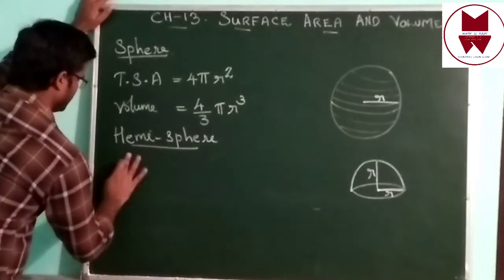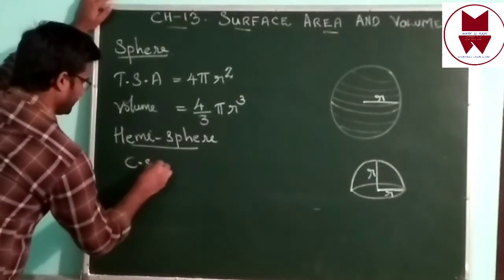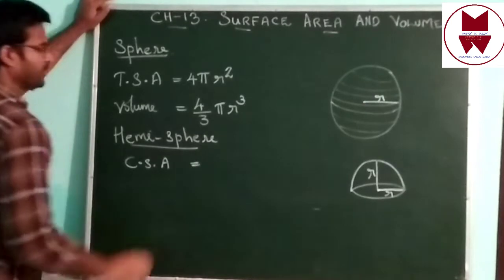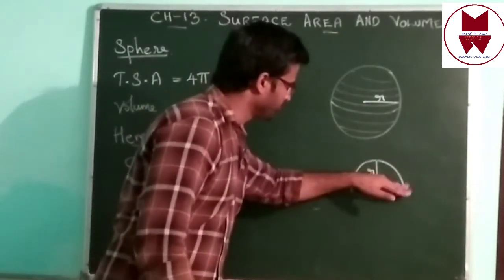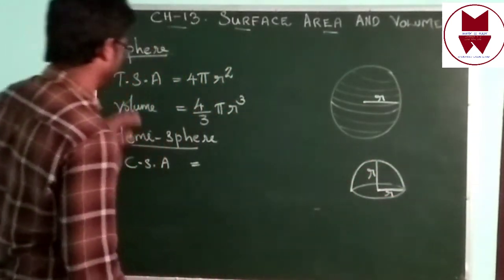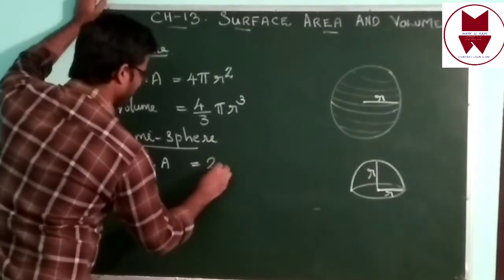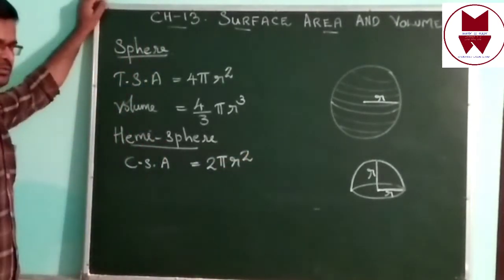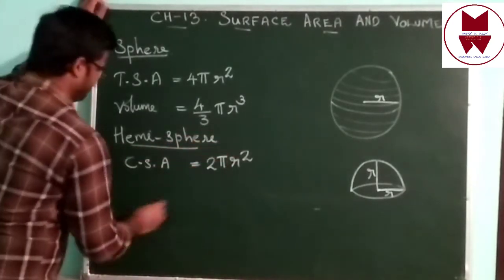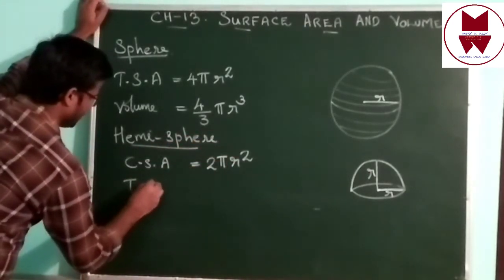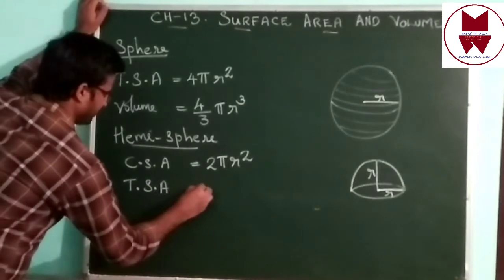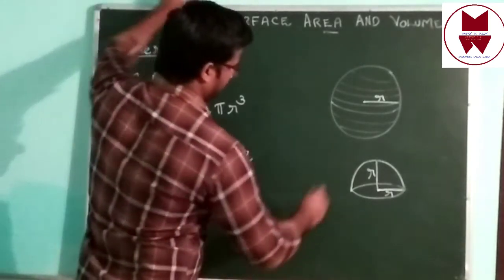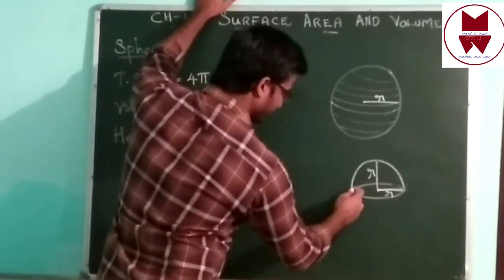First, C is the curved surface area. That means this top upside. Okay. Curved surface area, we can write 2 pi r square. Then total surface area equals this curved surface area plus which shape is this one?